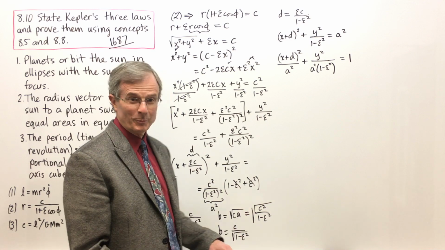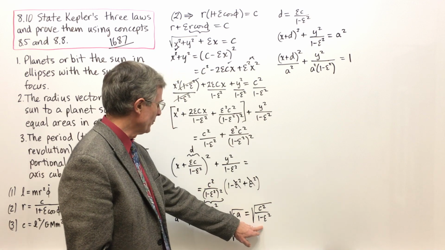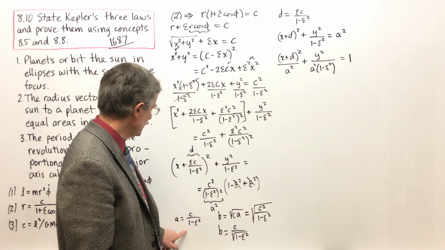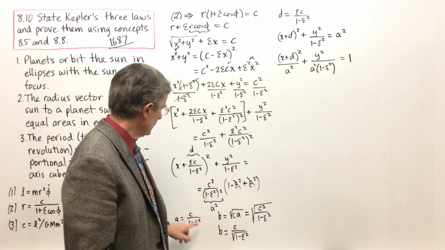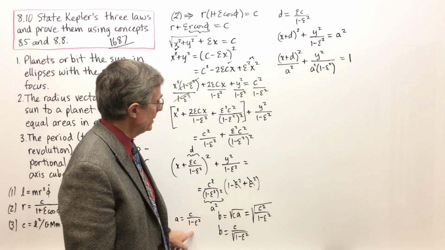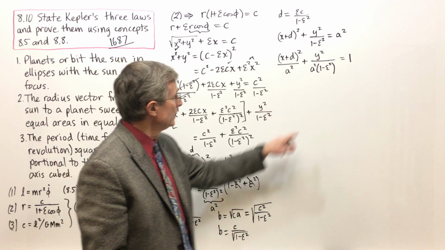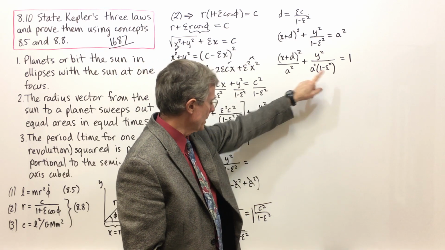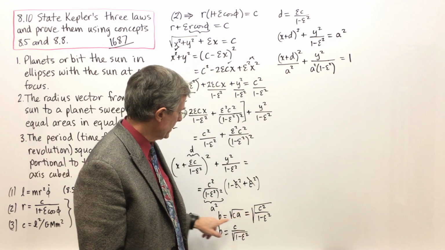So sorry, I had a little brain cramp there to see where it came from. But if we put this a in here, we'll have c squared over 1 minus epsilon squared, and the square root of that is just b.